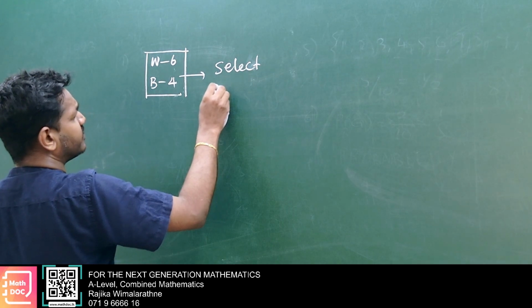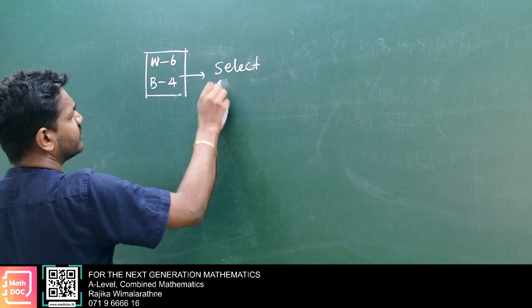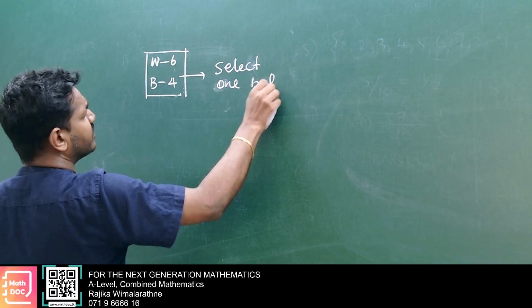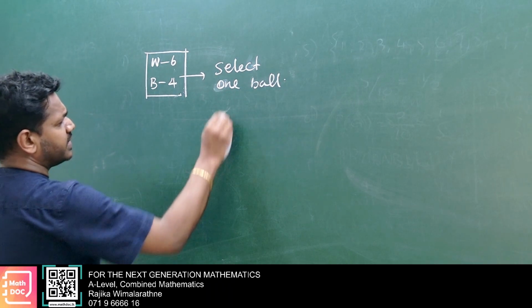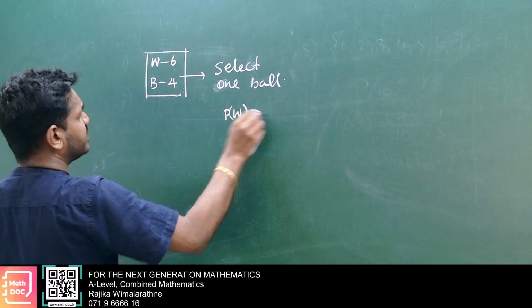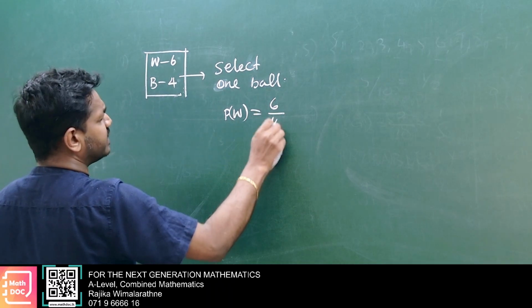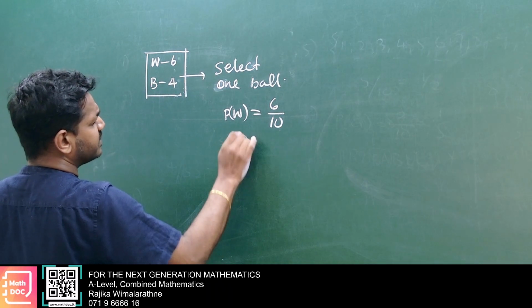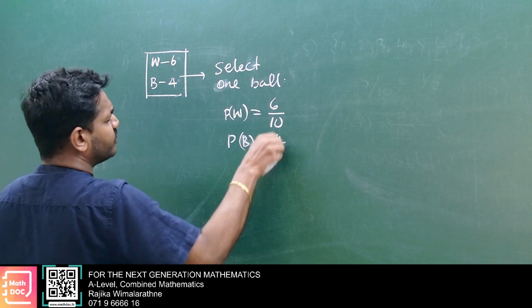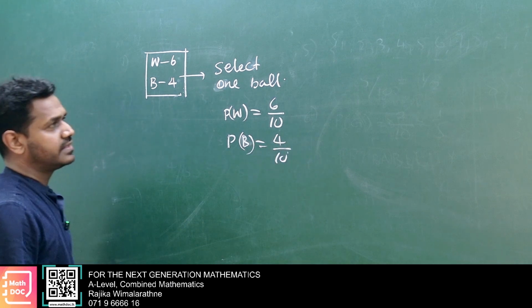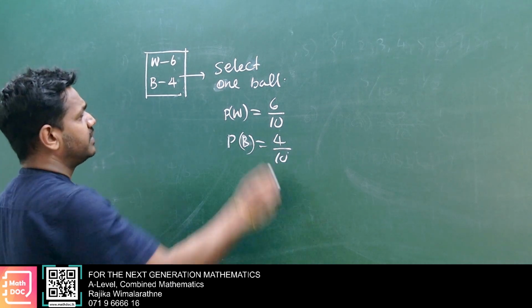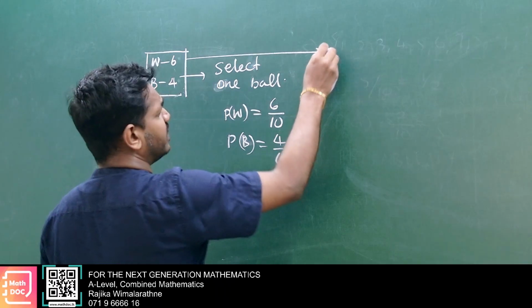Select one ball. Then P white is 6 over 10. P black is 4 over 10. Select one ball. Then you select 2 balls at once.